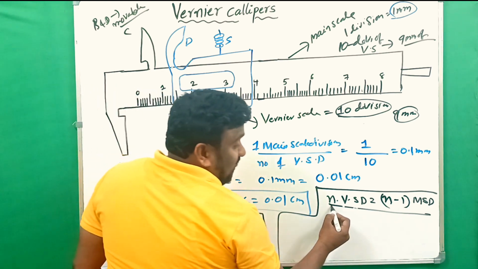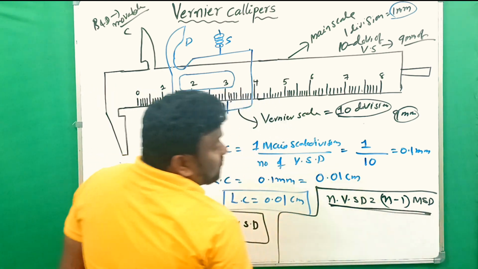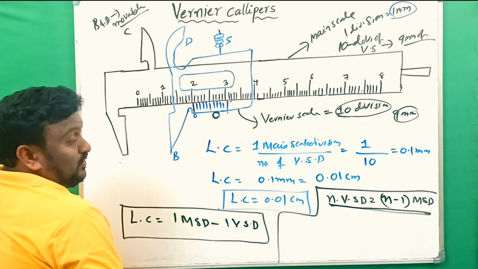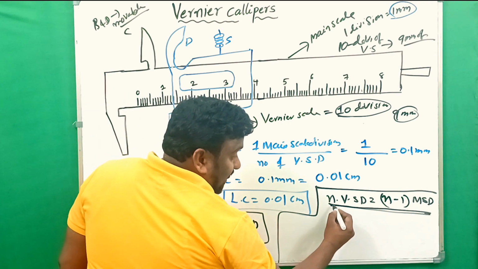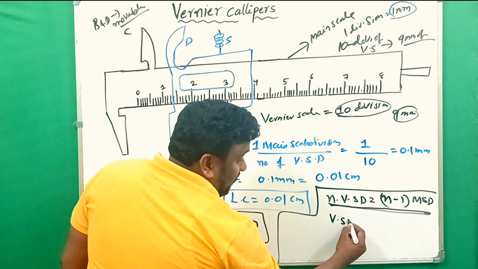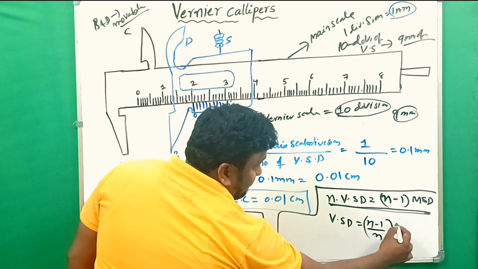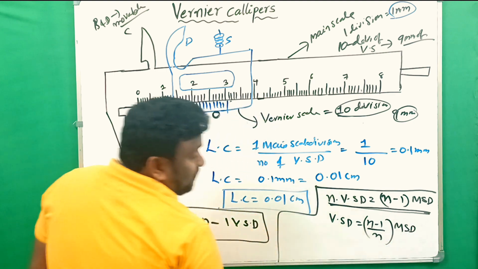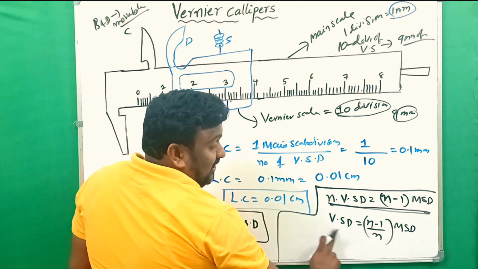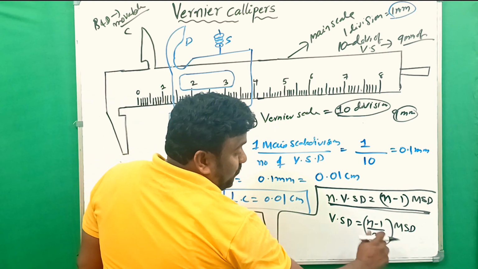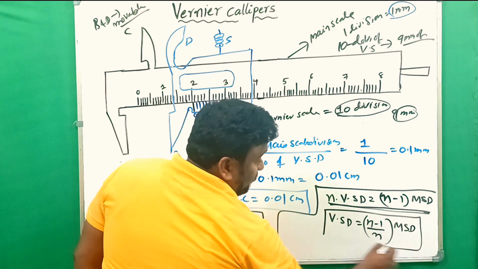Clear? That's why we can write N VSD is equal to N minus 1 MSD. Then VSD is equal to N minus 1 by N into MSD.